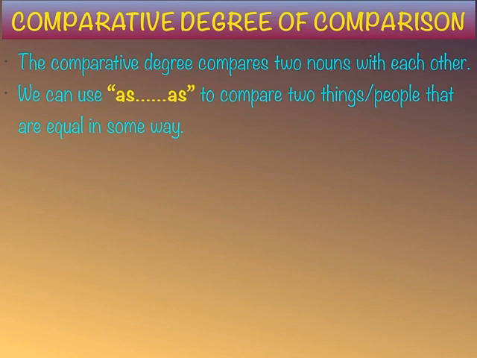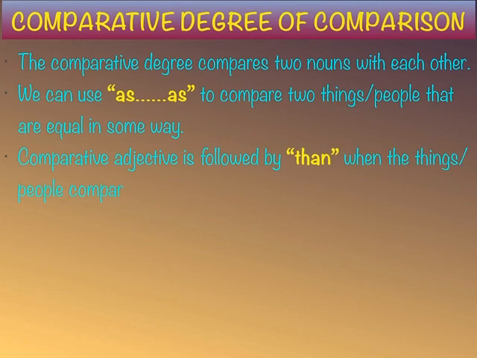So here you can see that we have compared two boys, and the attribute over here which is compared is their height, and as both of them have equal height, we can use as before the adjective tall and after the adjective tall, and that is said to be comparative degree.